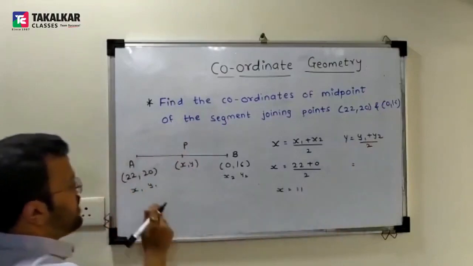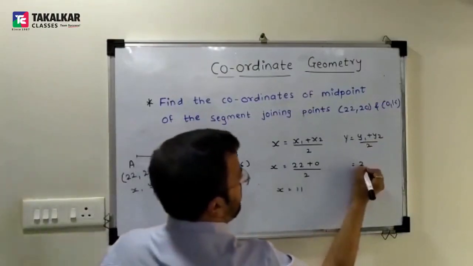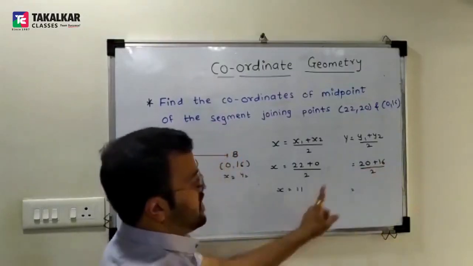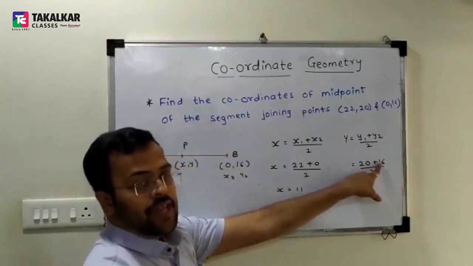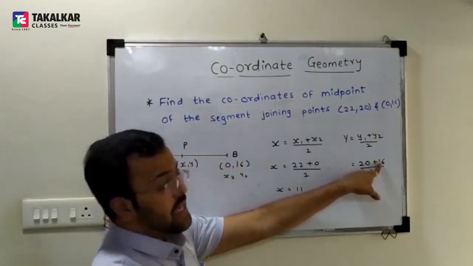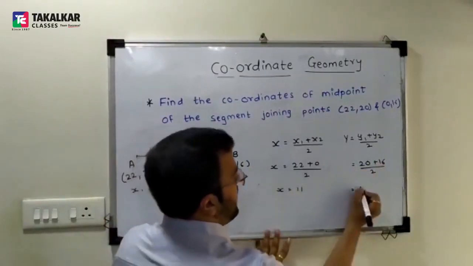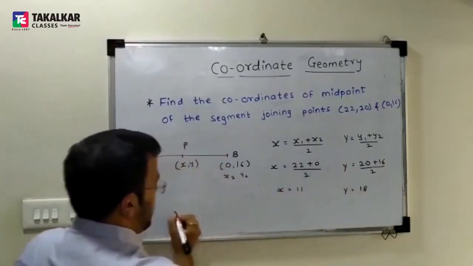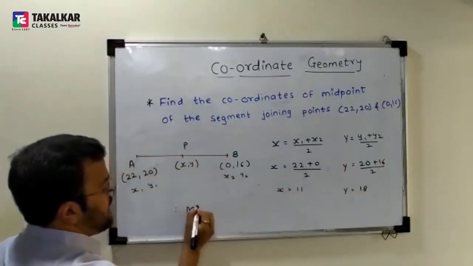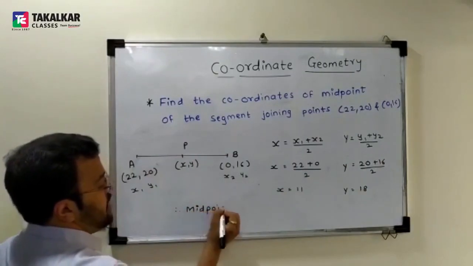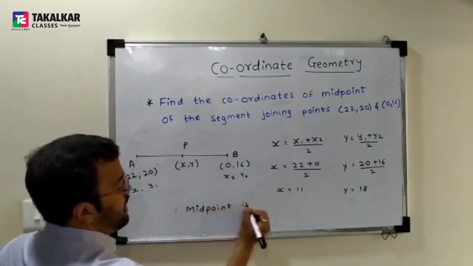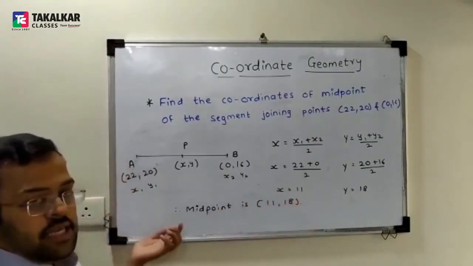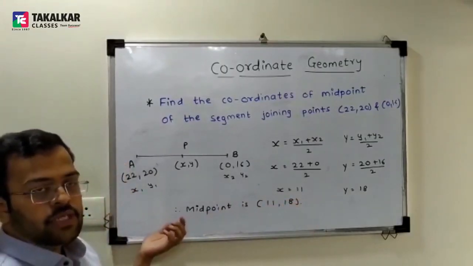What is my y1? 20. What is my y2? 16, upon 2. Simple addition. 20 plus 16 will give me 36. 36 upon 2 will give me 18. So this is x and this is y. Therefore, the midpoint is 11, 18. Is this clear? We will see one more sum based on centroid.